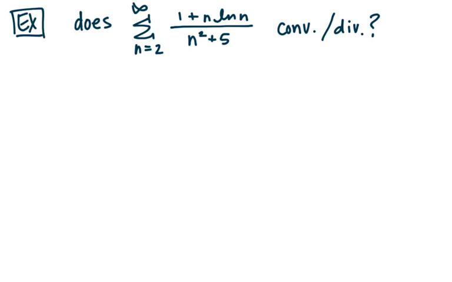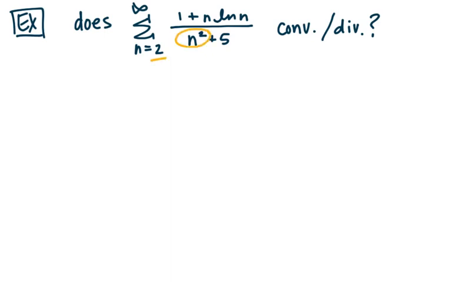So let's look at this series. We've got our sum from n equals 2 to infinity of 1 plus n times the natural log of n over n squared plus 5. So again, for us to use our limit comparison test, we have to know that all of the terms are going to be positive.